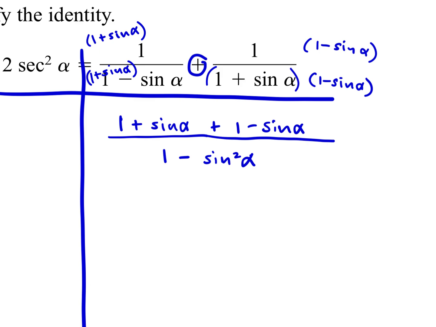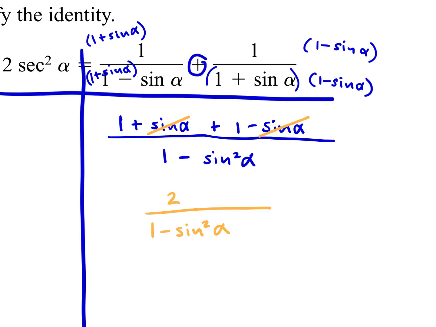We can combine like terms. So 1 plus 1 would be 2. Anything else? The sines cancel. We have sine minus sine, which would just cancel out. So we have 2 over 1 minus sine squared alpha.